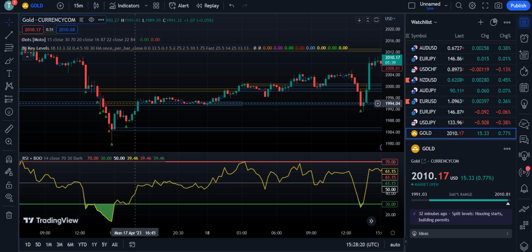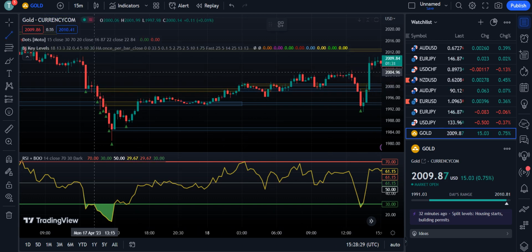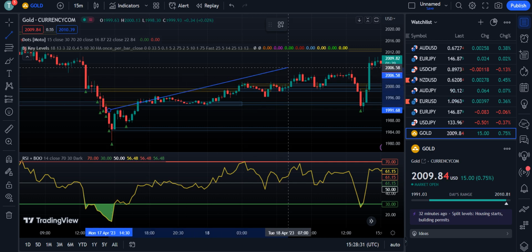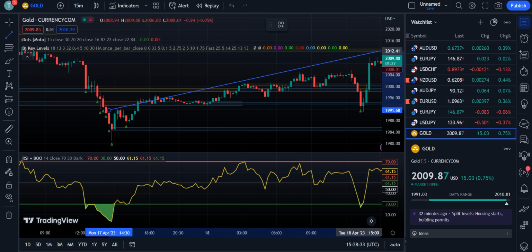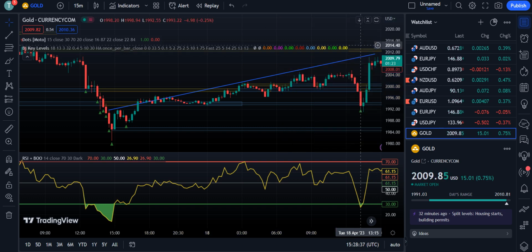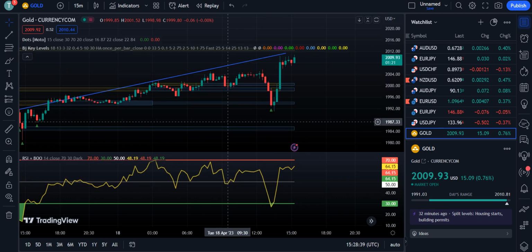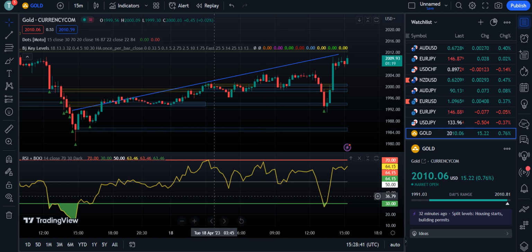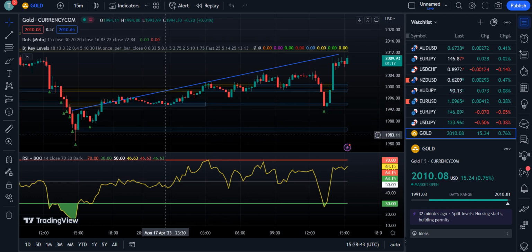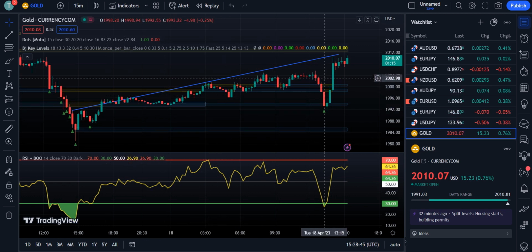It has gone above, it has crossed this level and gone more up, even reaching this level. If I show you by drawing this, then you can see that from here till here it was all profit. So it was all profit that was taken by using this indicator. As you can see, the strategy is giving you accurate, perfect results, right?